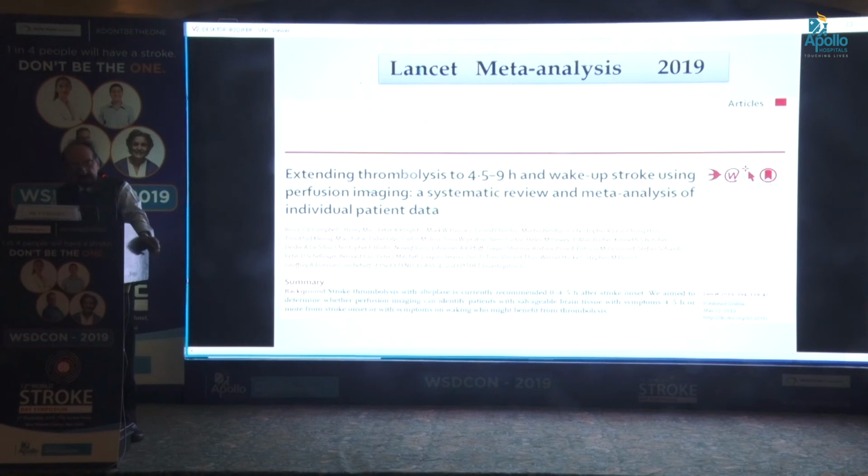So this was a large meta-analysis from the Lancet. I recommend everybody to read it. It was on extending thrombolysis from 4.5 hours, wake-up stroke using perfusion imaging, a systematic review and meta-analysis of all three trials: EXTEND, ECASS-4 and EPITHET. This was done by this group.